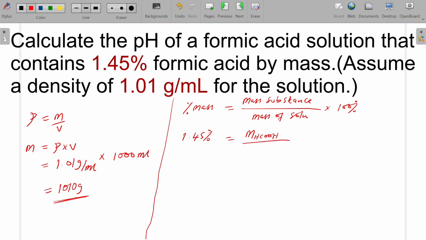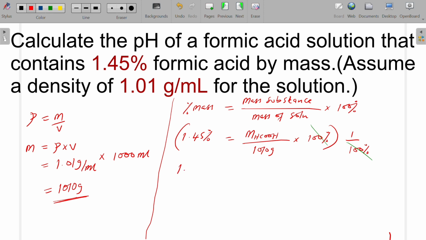So the mass of formic acid divided by the mass of solution, which is 10 grams, multiplied by 100%. We're looking for the mass of formic acid, so I'm going to multiply this whole situation by 1/100%. When we do that, you find that this 100 and that 100 will cancel.